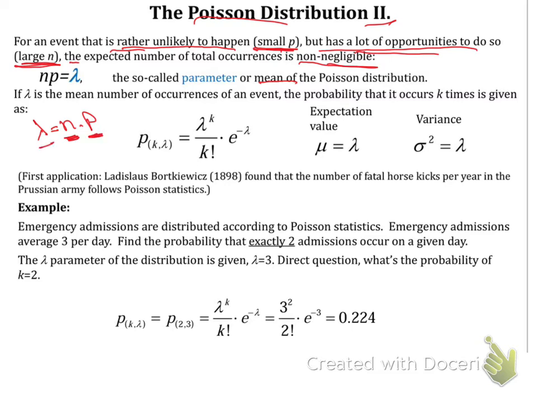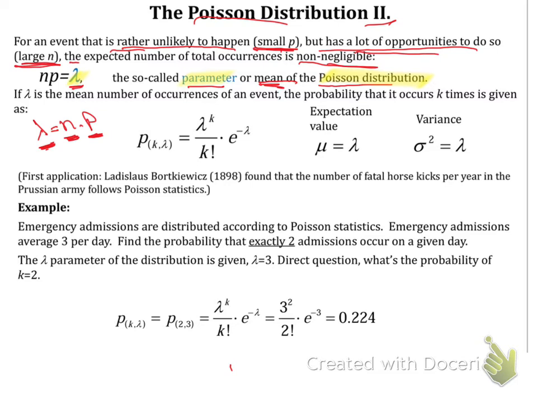This is called lambda. Lambda means the mean of the Poisson distribution, or the parameter of the Poisson distribution.